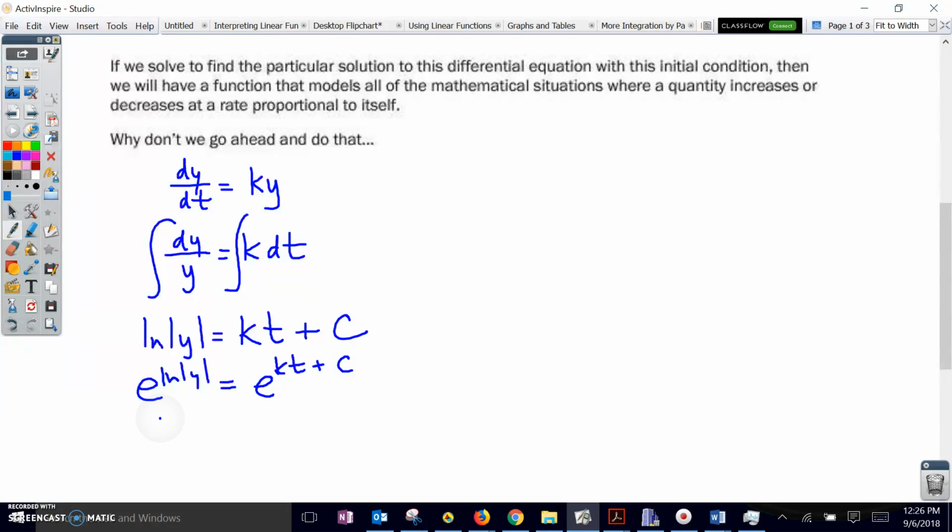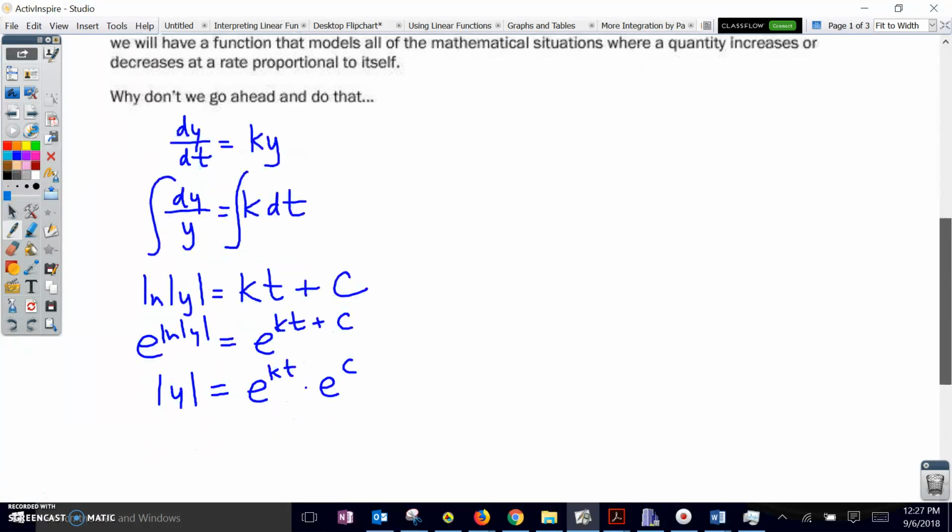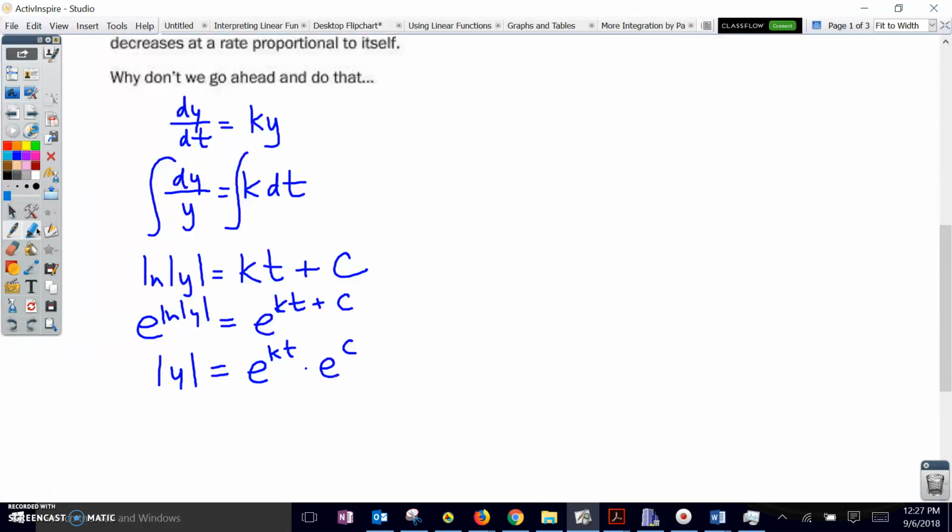On the left-hand side, this is just going to be the absolute value of y. And on the right, we're going to simplify this a little bit. It's e to the kt times e to the c using basic exponent properties. And then e to a constant is just another constant. So this will turn into the absolute value of y equals c e to the kt.